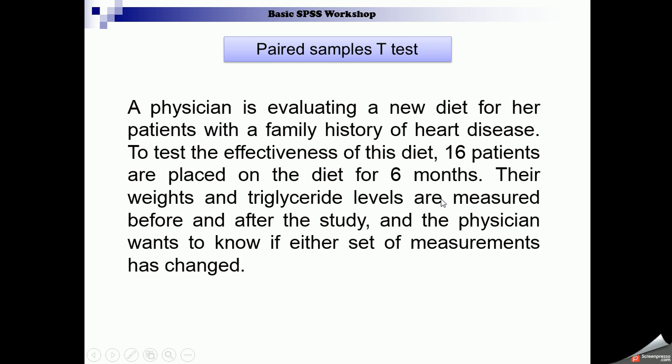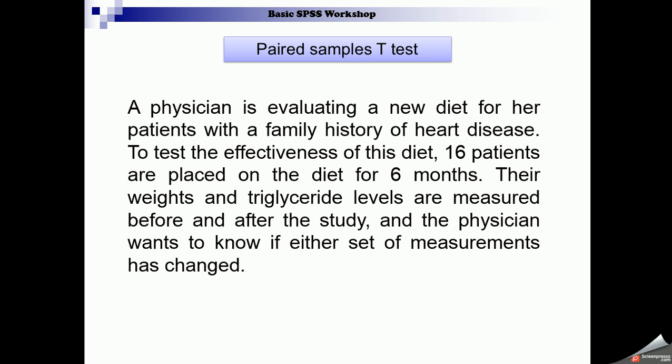So let's take an example. A physician is evaluating a new diet for her patients with a family history of heart disease. To test the effectiveness of this diet, 16 patients are placed on the diet for 6 months. Their weights and triglyceride levels are measured before and after the study.